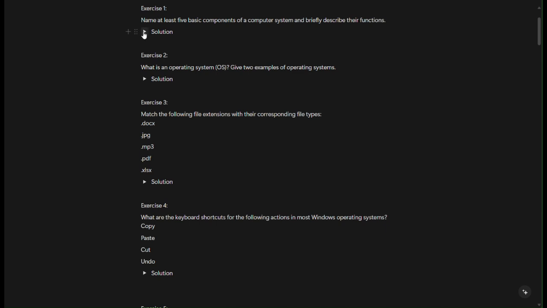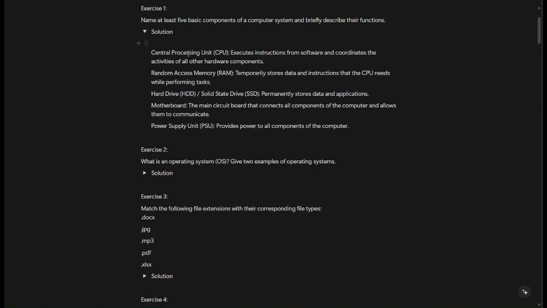Let's see the solution. The central processing unit, or the CPU, executes instructions from software and coordinates the activities of all other hardware components. The random access memory, or RAM, temporarily stores data and instructions that the CPU needs while performing tasks.